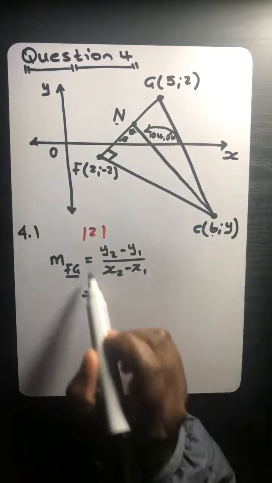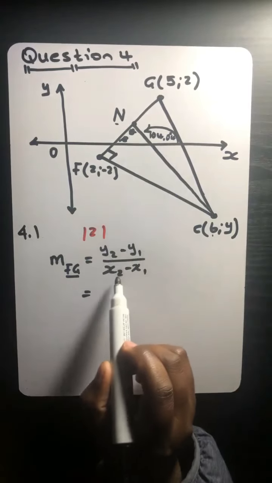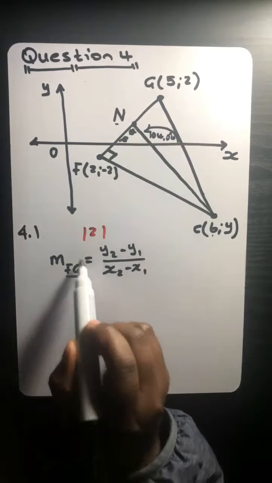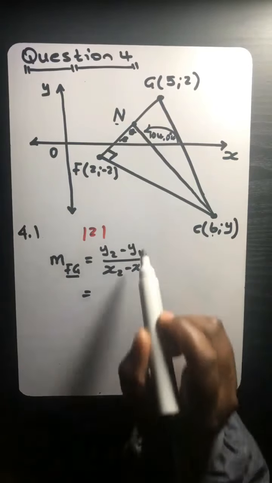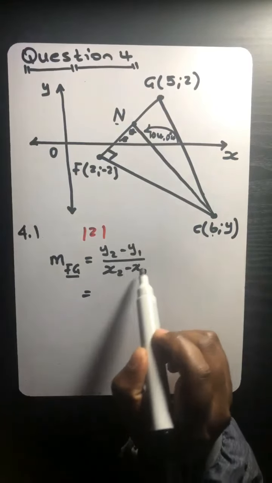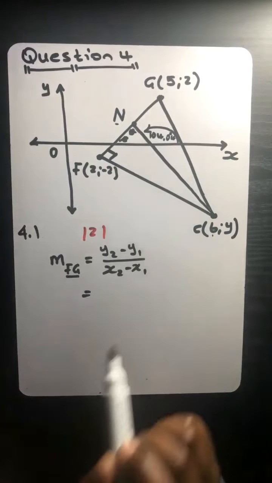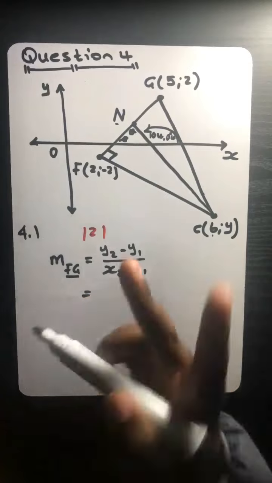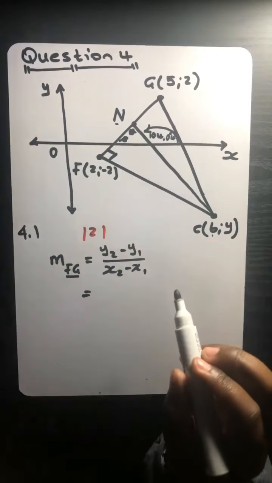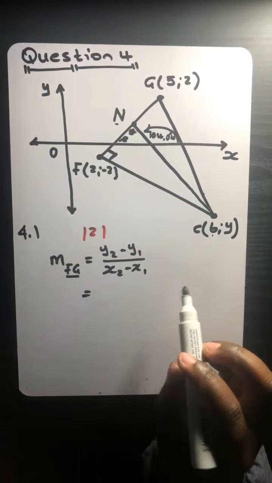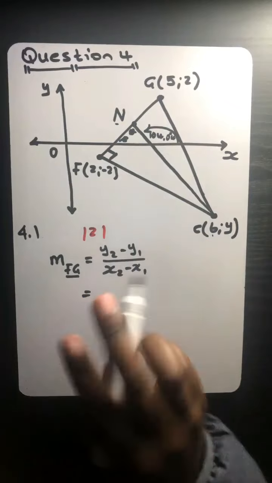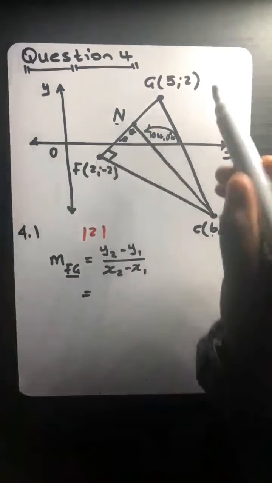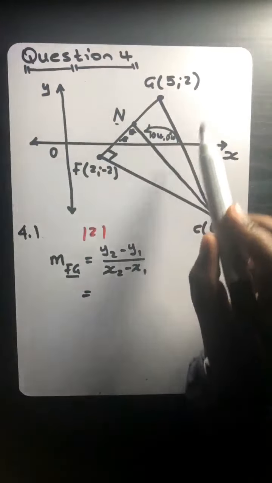So when you substitute, your y2 and your x2 are going to be for the coordinates of G. Your y1 and your x1 are going to be for the coordinates of F. And most importantly, it doesn't matter whether you do vice versa, you are still going to get the same answer. You just need to be careful and not swap those. So let's see. What is our y2?